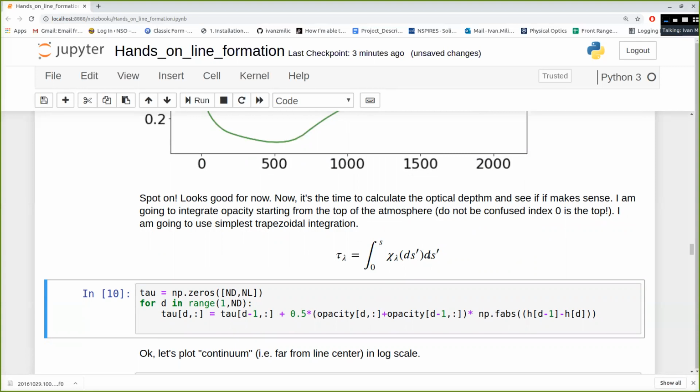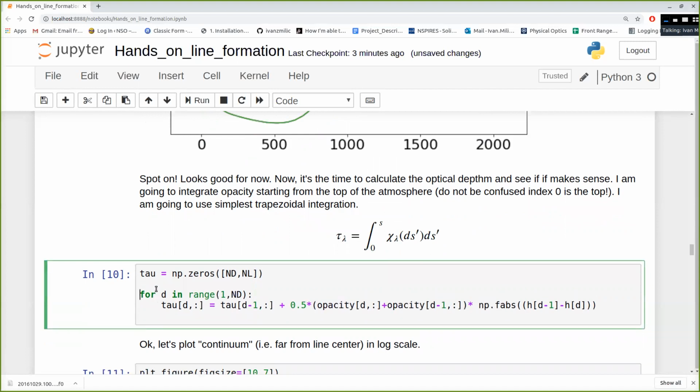I'm going to make a new array, called tau, which again has dimensions number of depths times number of wavelengths, because I need to see how my optical depth changes with depth. That's going to be different for each frequency. I'm going to start from 0 on the top boundary, and then move down, and my optical depth in point D is going to be the optical depth in the previous point plus, and this chunk here describes what we call Euler integration.